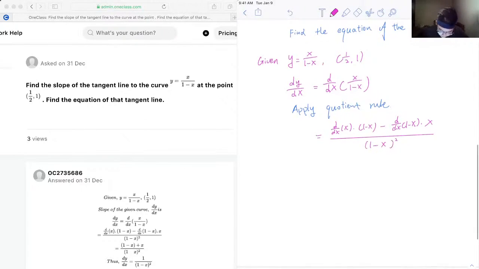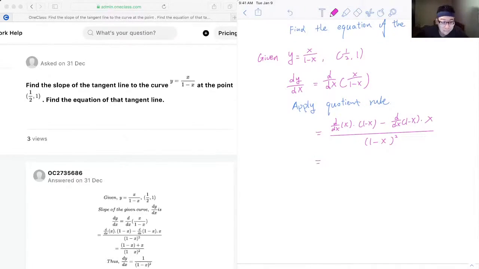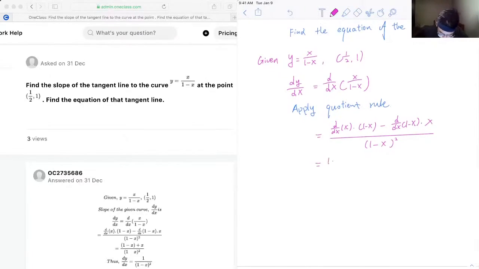Okay, and the derivative of x is just 1, so that becomes 1 times 1 minus x, minus the derivative of 1 minus x, which will be negative 1. So that becomes negative 1 times x, over 1 minus x squared.